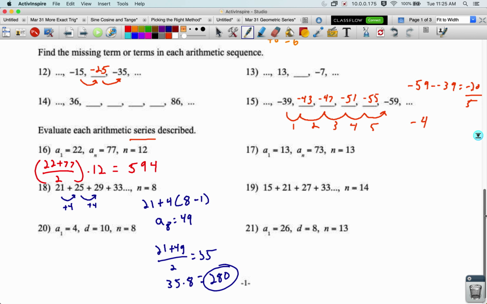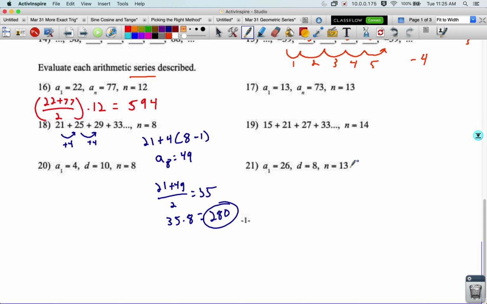Okay, let's do 21. So I've got the first term. I don't have the last term, but we're going to do exactly what we just saw. Use the explicit formula to find that last term. So first term plus the common difference times n minus 1. 26 plus 8 times 12 is 122.